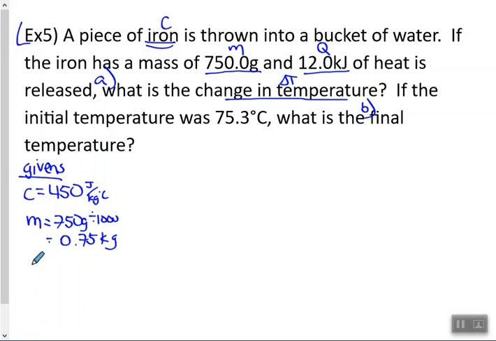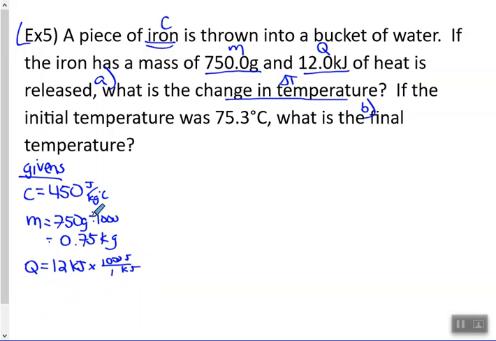So 12 kilojoules of heat, joules are heat, so Q. Now, we don't want kilojoules, we want our units in joules. So play our unit canceling game, do some unit analysis. In 1 kilojoule there are 1,000 joules, so we will be multiplying by 1,000, not dividing by 1,000.